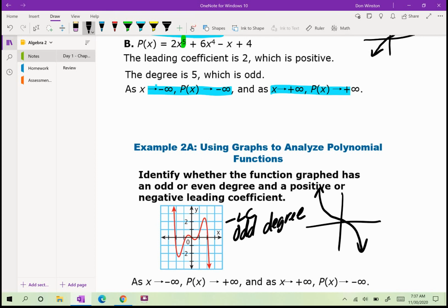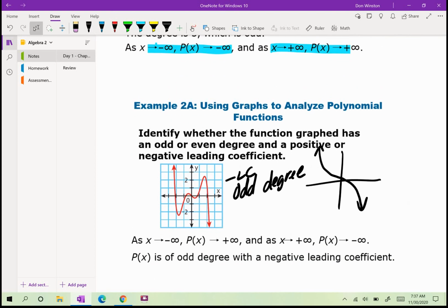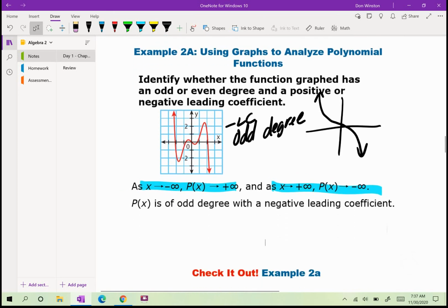Negative leading coefficient, odd degree. As x goes to negative infinity, y goes to positive infinity. As x goes to positive infinity, y goes to negative infinity. P of x is odd degree with a negative leading coefficient.